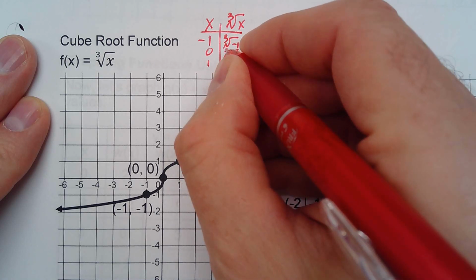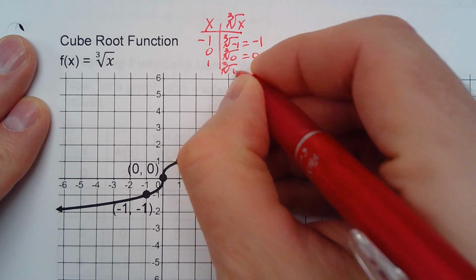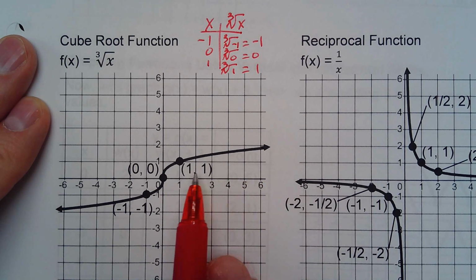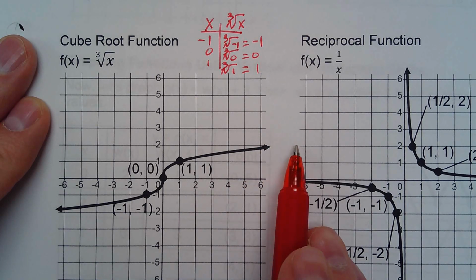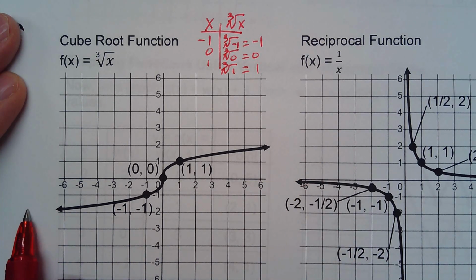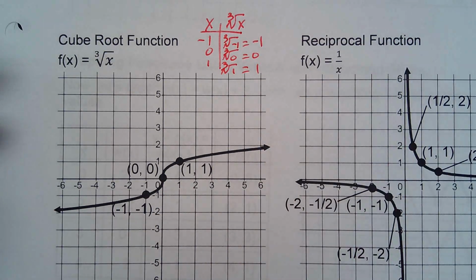Cube root of 0 is 0. Cube root of 1 is 1. If I were to do the cube root of 8, that would give me 2, so that point would be somewhere out here. Likewise, if I were to do the cube root of -8, that point would be somewhere over here. And it kind of looks like the cube function, but it's been turned on its side.